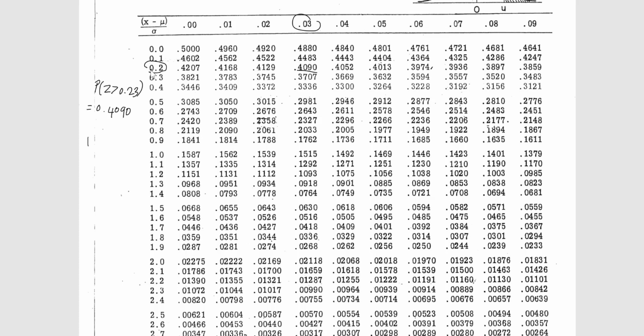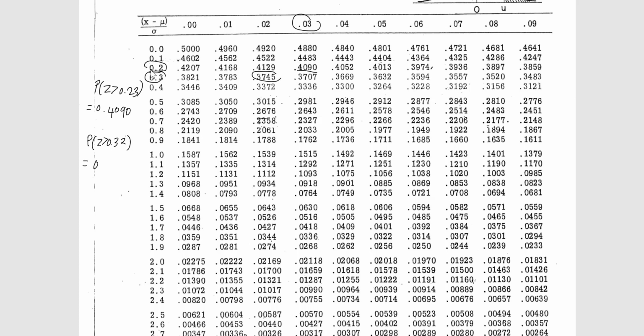And the probability of Z greater than 0.32 is equal to 0.3745.